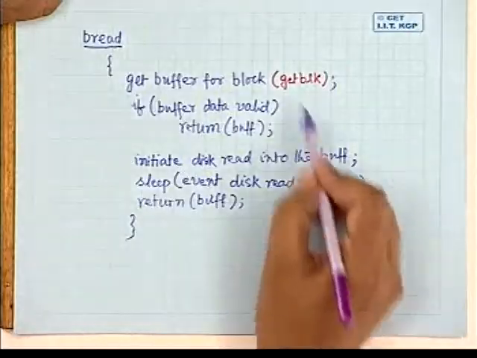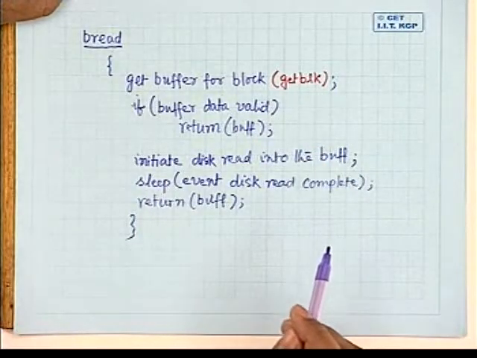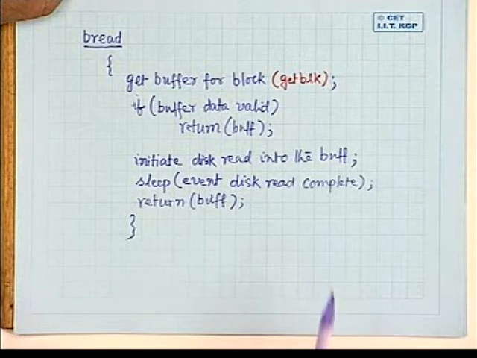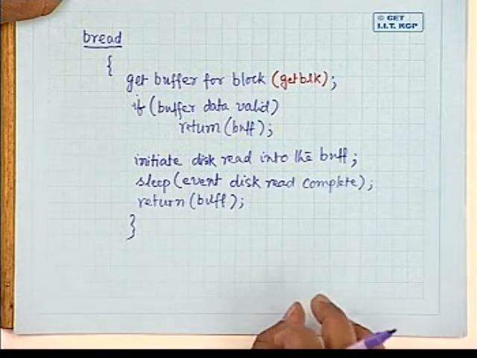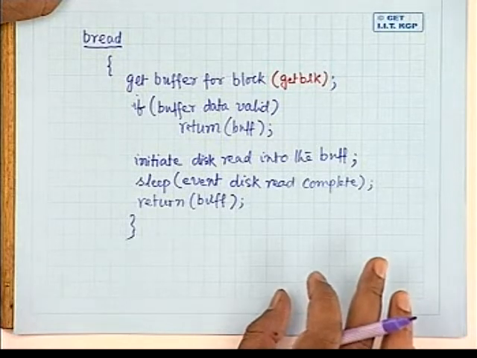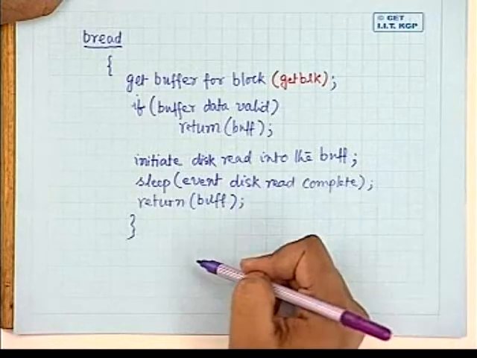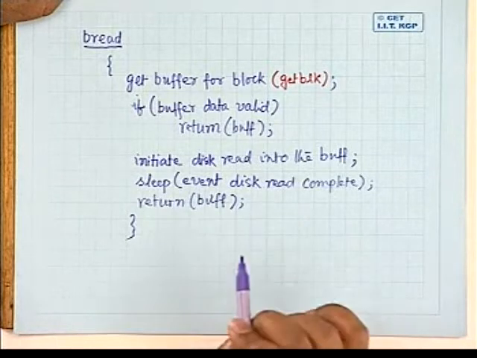Now, the performance of the system can be further improved if we incorporate some facility of reading blocks ahead of time. That is based on the assumption that whenever a block is requested by one process, it is quite likely that the next block containing part of the same data file will also be requested next. So whenever you start reading a particular block, we can start reading the next block of the same file asynchronously.